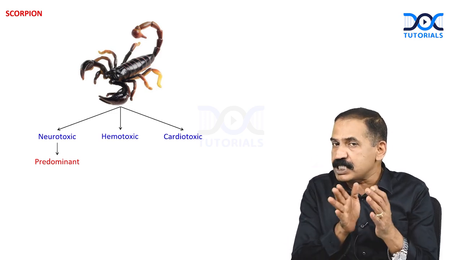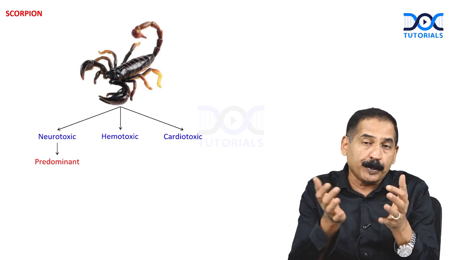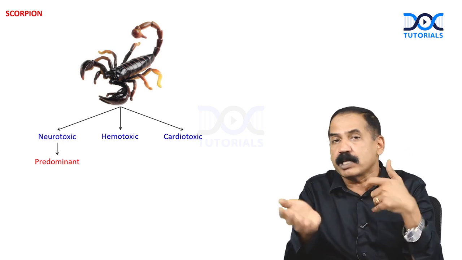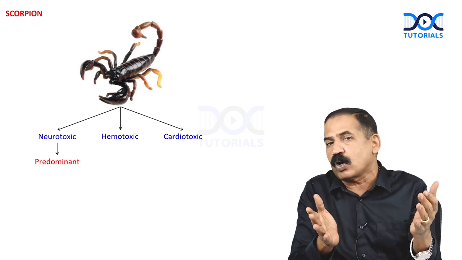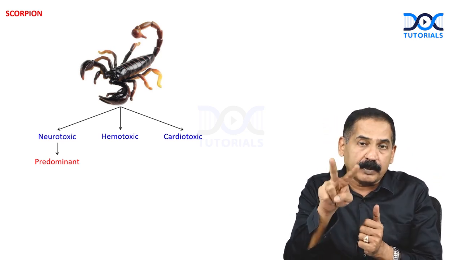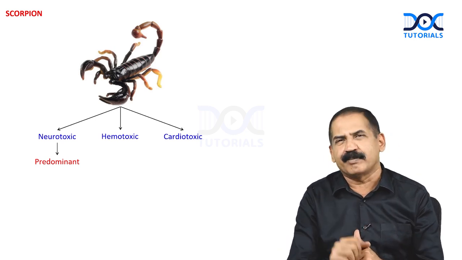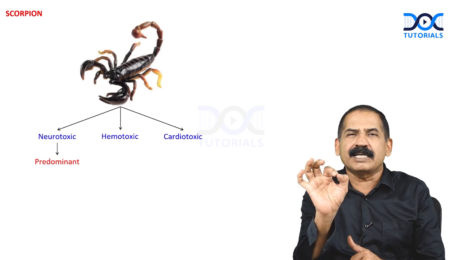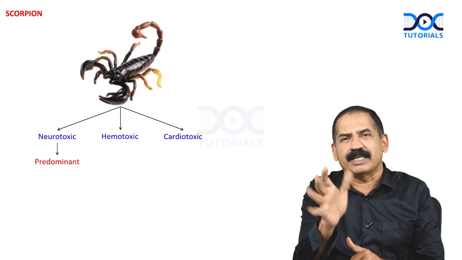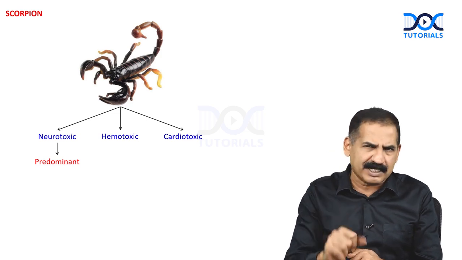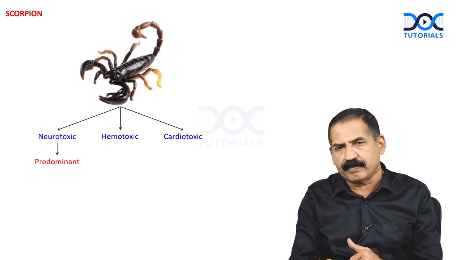Next to jellyfish is scorpion. Scorpion venom is more potent than any snake. Out of all the snakes, the most potent venom is the common krait, but scorpion venom is more potent than common krait. But the injected dose is very small. Death in case of scorpion sting is very rare in adults. Sometimes children may die.